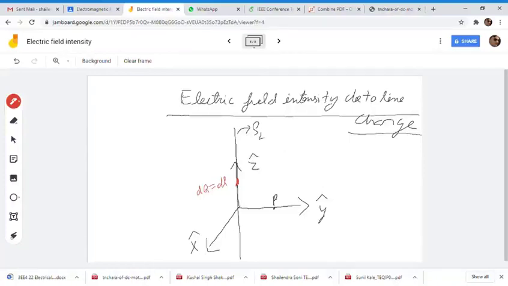We will determine the electric field due to this charge on this point P. We say this as R1P, the distance vector between this charge and this test point P. We know the electric field will be in the direction of this distance vector. So let us say this as E1P.